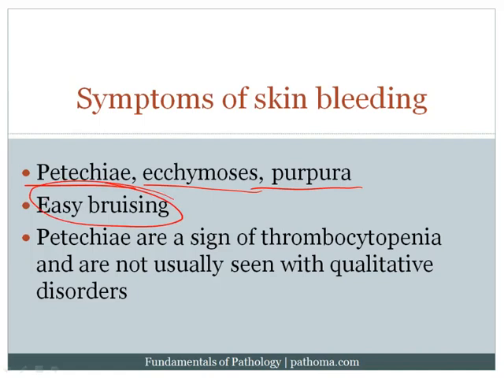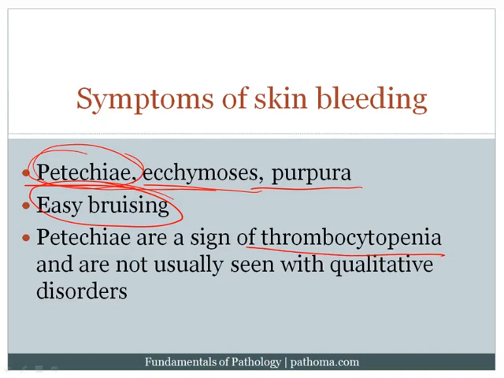So patients with thrombocytopenia, or patients, why don't I say, with disorders of primary hemostasis, would also exhibit easy bruising. Now, one of the important things to note is that when we talk about petechiae, ecchymoses, and purpura, when we get this type of bleeding, it really is a sign of thrombocytopenia.